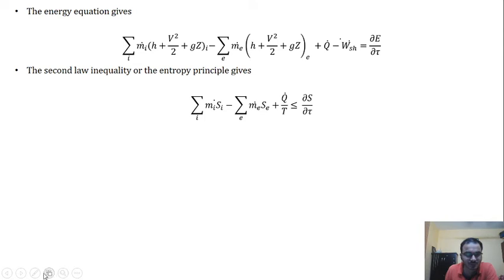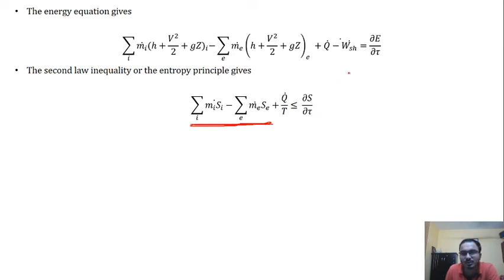Now the important one is the second law inequality, or the entropy principle. This portion is related to the entropy transfer due to mass. This is the new term which is present right now, and it was not part of our previous theory because it was a closed system, there was no mass transfer, so this is being added over here. And plus Q dot upon T, which is entering, is always less than or equal to dS upon dτ.